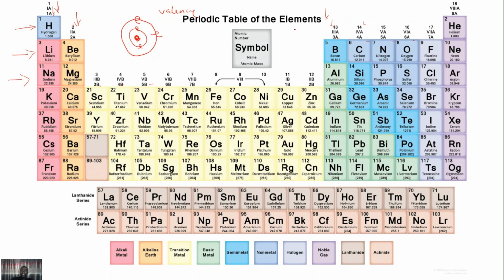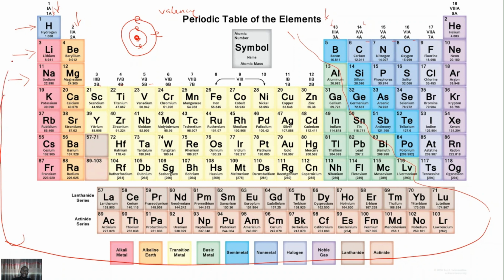The elements in the periodic table are generally divided into the metals, which represent all the elements here. They are the metallic elements in the periodic table.